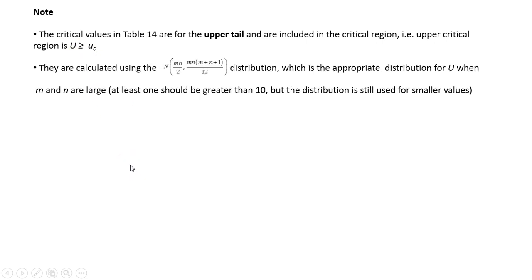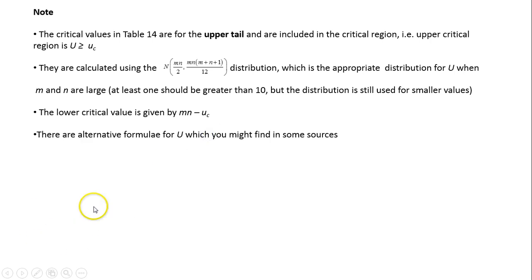They are calculated using the normal distribution with mean mn/2 and variance mn(m+n+1)/12, which is the appropriate distribution for U when m and n are large. At least one should be greater than 10, but the distribution is still used for smaller values. The lower critical value is given by mn minus Uc, the critical U.